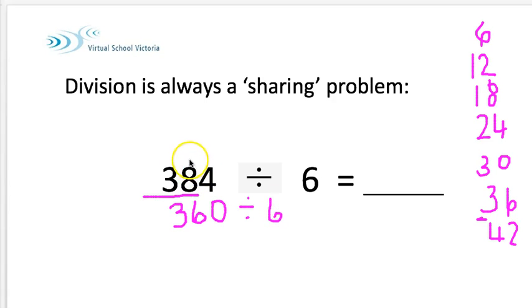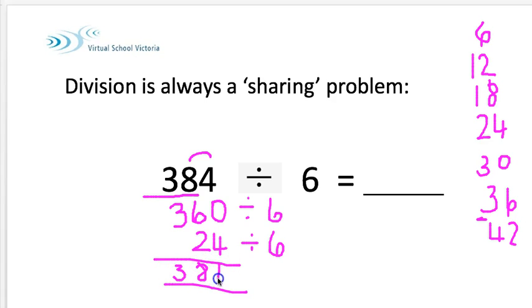And that still leaves me 24 from here. And here's my 24 here. That's a 6 times table divided by 6. So I've broken down the 384 into 2 parts. And you can see, even though it's now 360 and 24, it's still the same number. So 360 divided by 6 will give me 60.